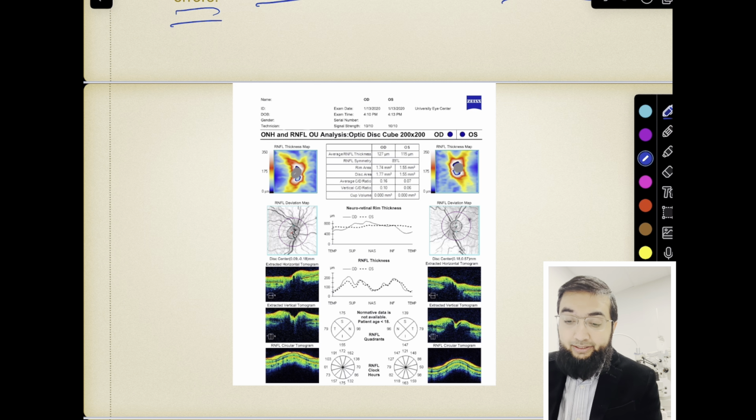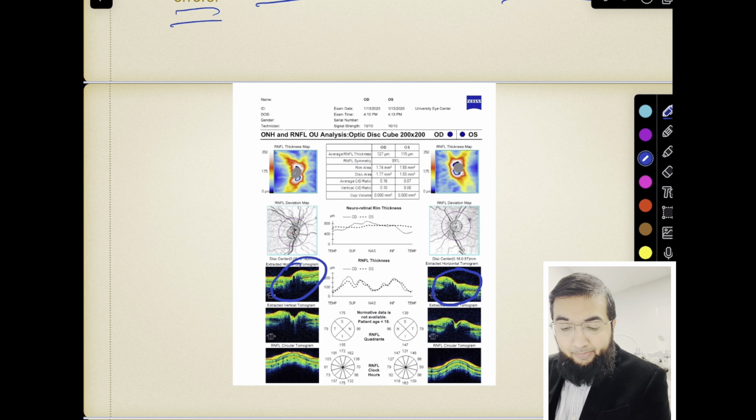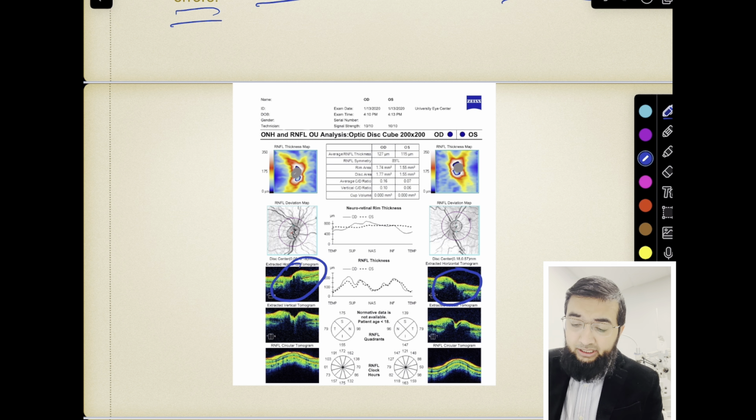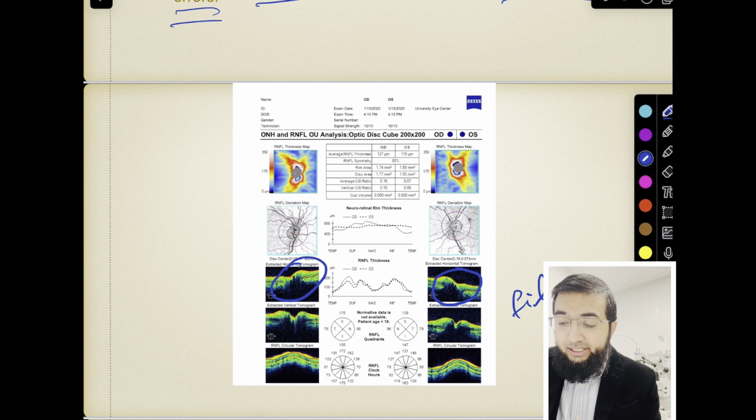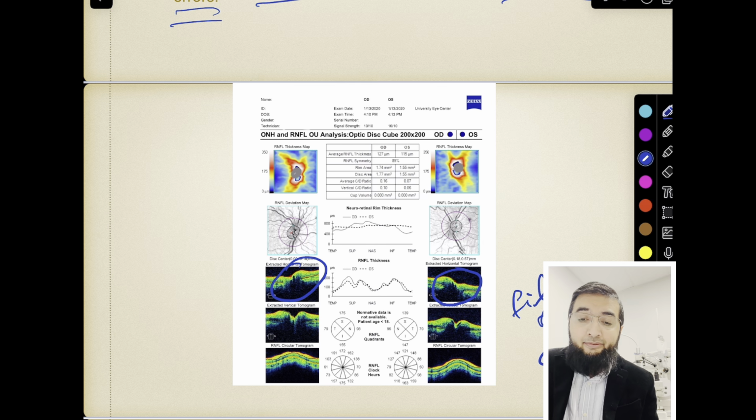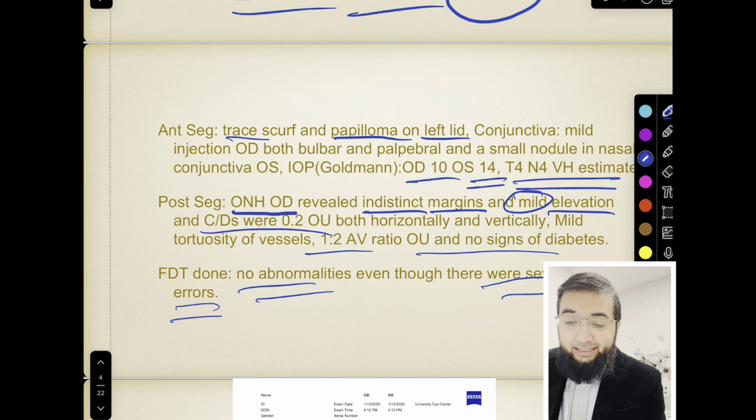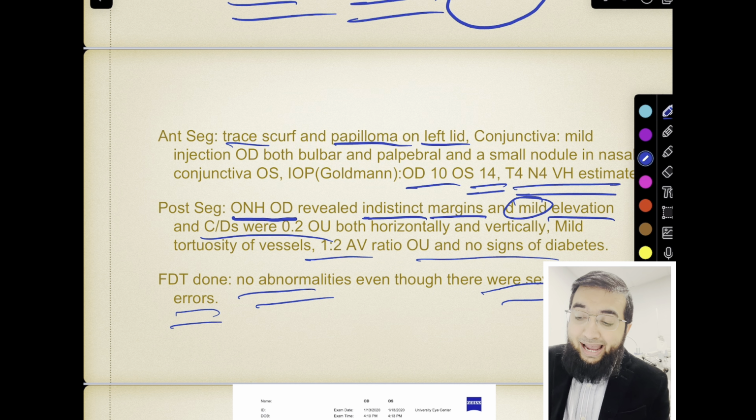Let's go over that. So first of all, I would love to see an OCT of this kind of patient, and that's what it shows. I can see that in both eyes, I don't see the optic nerve cup, I barely see it there. So I am seeing a thing called filling of the cup, which is an initial sign that relates to what I'm seeing inside the eye, which means there is mild elevation.